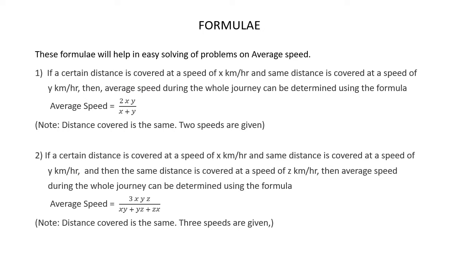Here you have to note that the distance covered is the same, but three speeds are given. So if the distance covered is the same and three speeds are given, then average speed is equal to 3xyz divided by xy plus yz plus zx, where x, y and z are the three speeds.